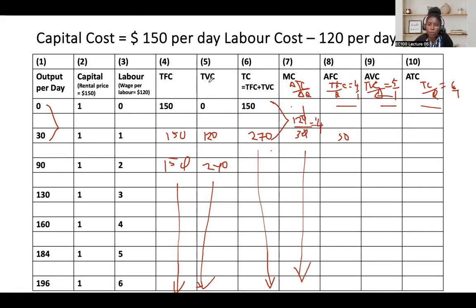Then average variable cost is 120 divided by 30. I think you are, no, it's supposed to be 5, right? It's 5. 120 divided by 30 is going to be 4. And average total cost, you take total cost divided by output. It's going to be 9, is it?